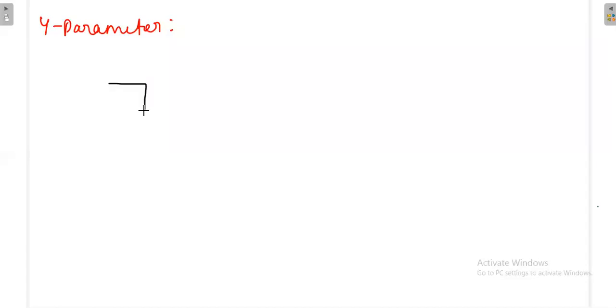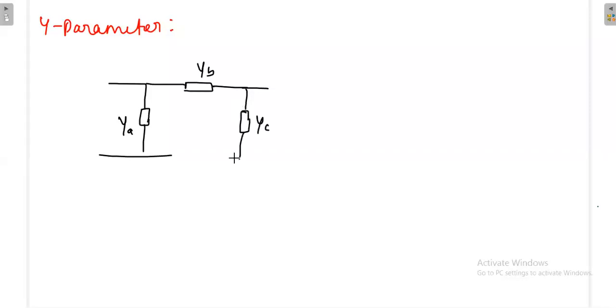On the input side there is an impedance, that is ya, and then the common impedance is yb, and the other impedance, the output side impedance, is yc. If you observe this network, it is not a symmetric network, because if ya is equal to yc, then we can call it a symmetric network, but ya is not equal to yc.